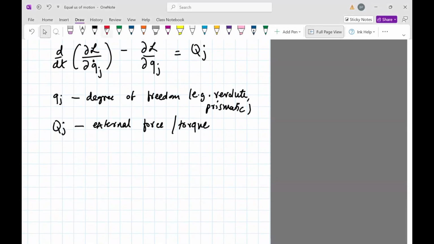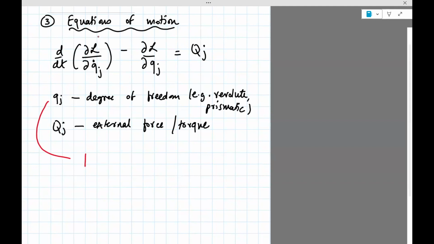So here's an example of what qj is. Qj equals x in this case. And here's another example. Here qj is theta.